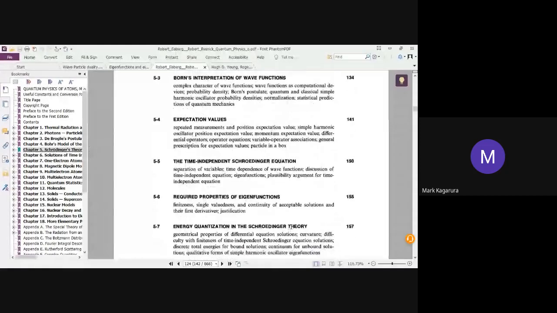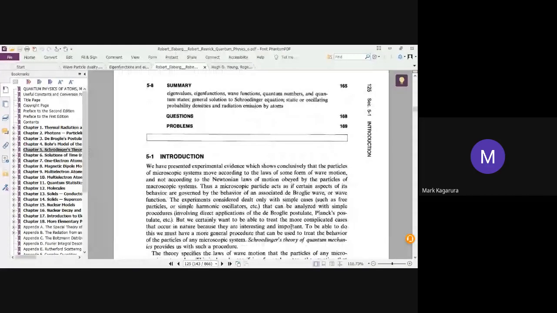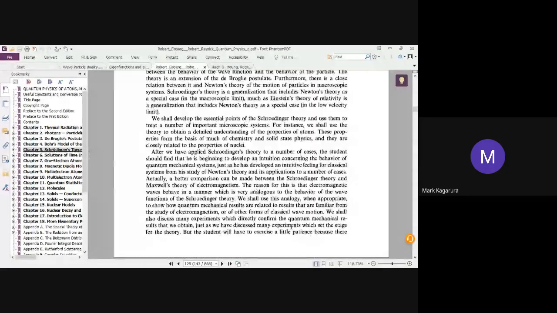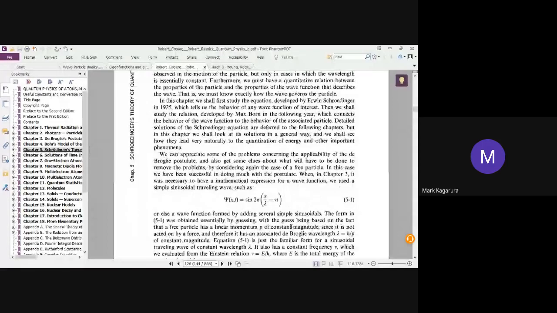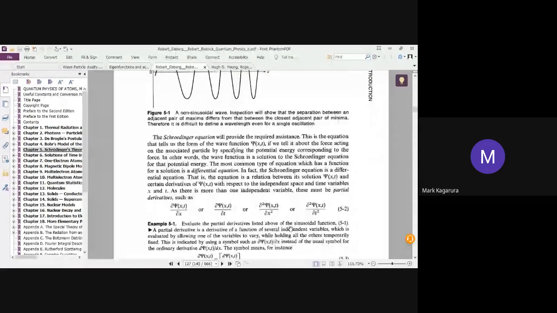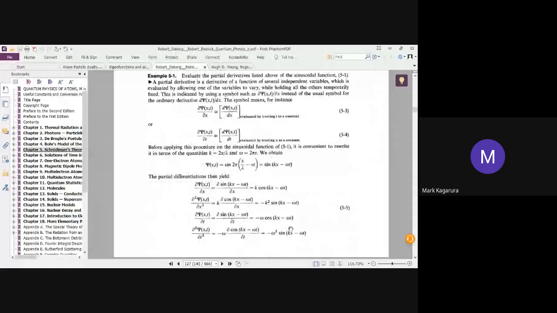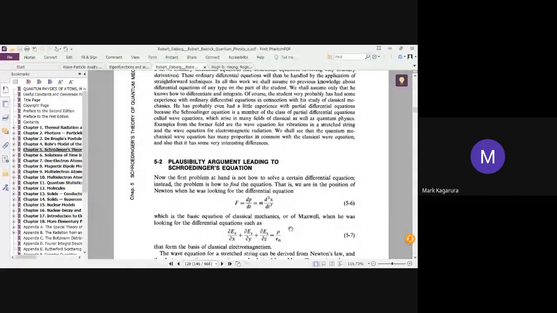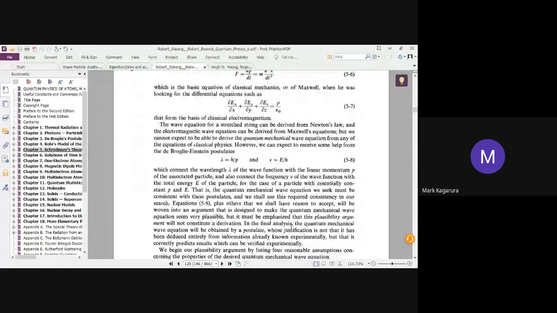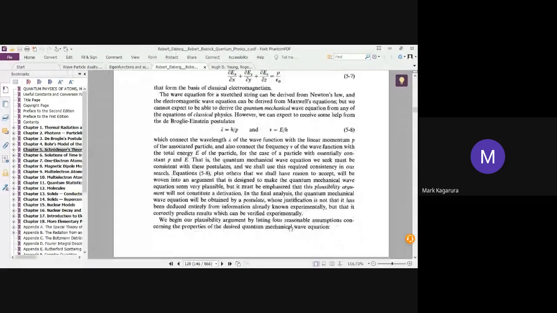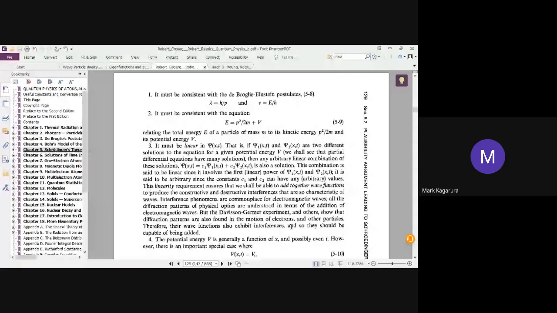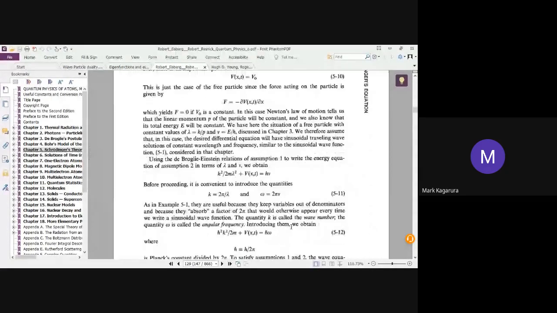Also going to look at quantization when you have the confined particle. So most of this is the derivation, and it actually has one of the shorter derivations using the conservation of energy.